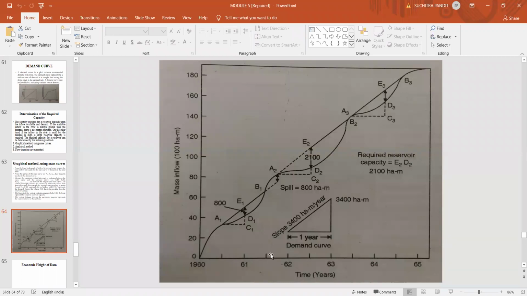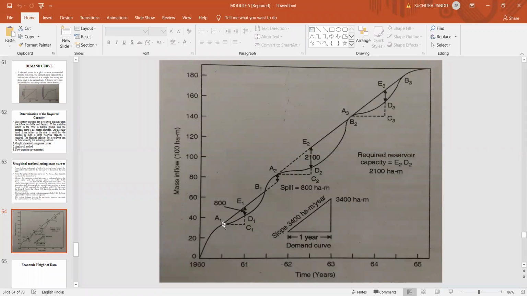Now, you have to draw a line parallel to the demand line from the apices of the mass curve. You can see here, this is the line which is parallel to the demand curve. Similarly from A2, this is the line parallel to the demand curve. Similarly from A3, this is the straight line parallel to the demand curve.